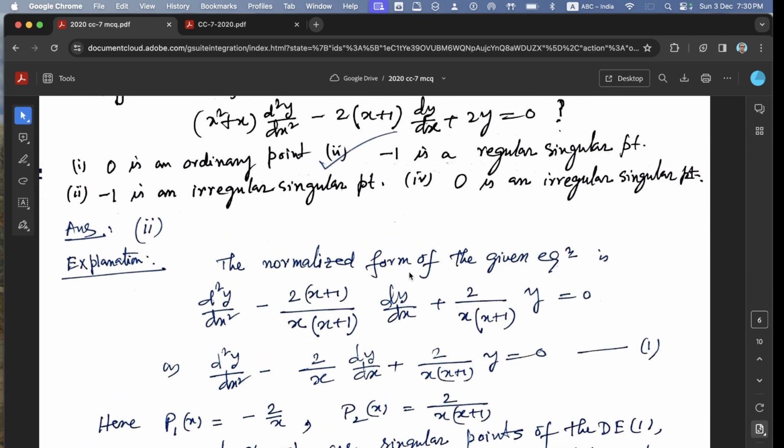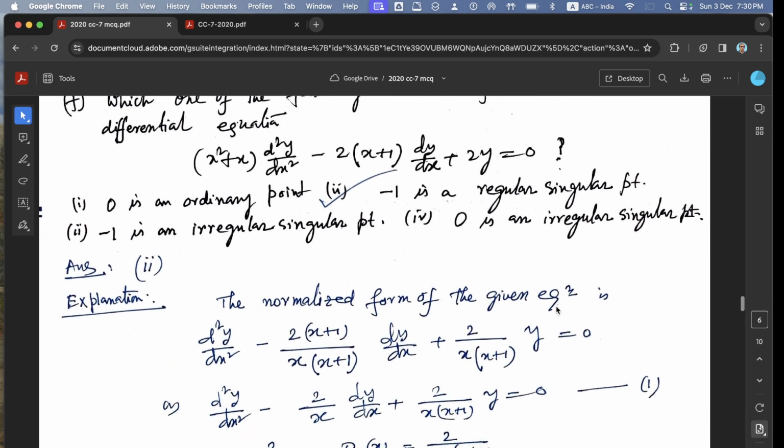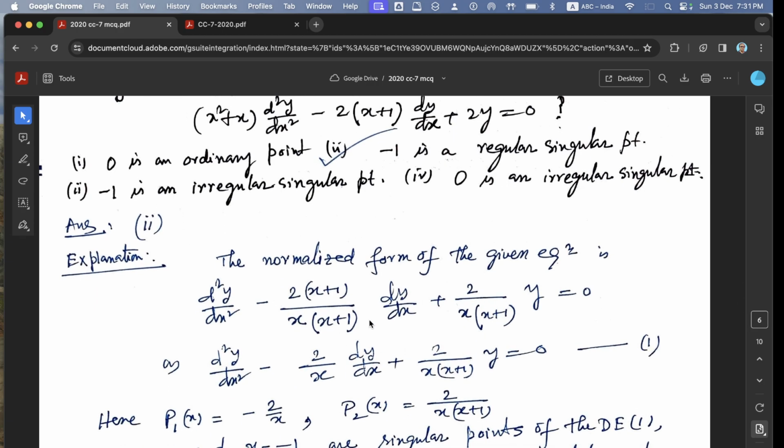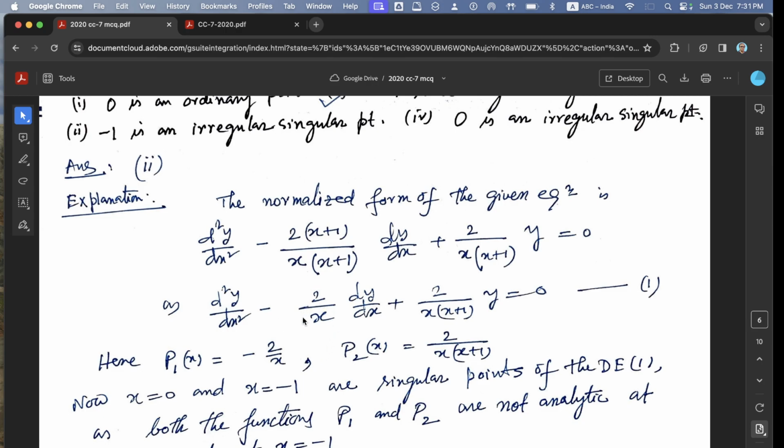Here is the normalized form of the given equation, obtained by dividing the given equation by x square plus x, so the coefficient of d2y/dx square is 1. So we get d2y/dx square minus (2x plus 1)/(x(x plus 1)) dy/dx plus 2/(x(x plus 1)) y equal to 0.